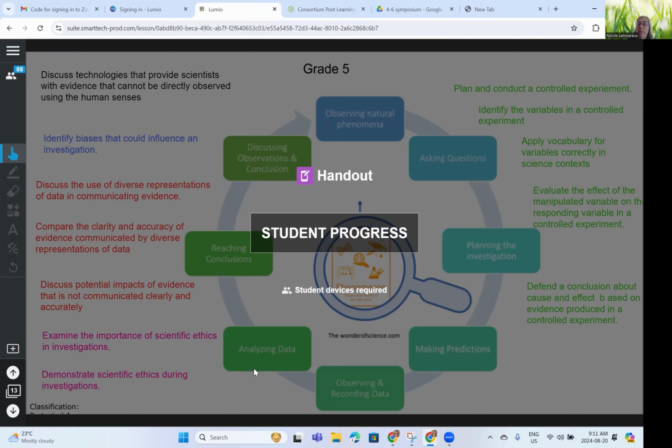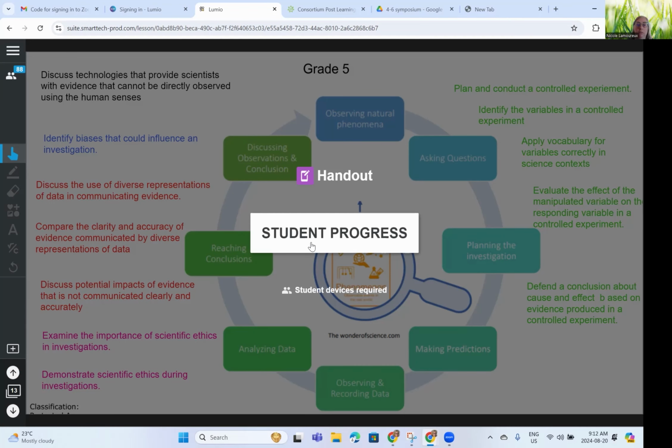And now drag, these are the grade 5 skills, and see where the students, on what steps are they going deeper into the different steps on the investigation cycle in grade 5.